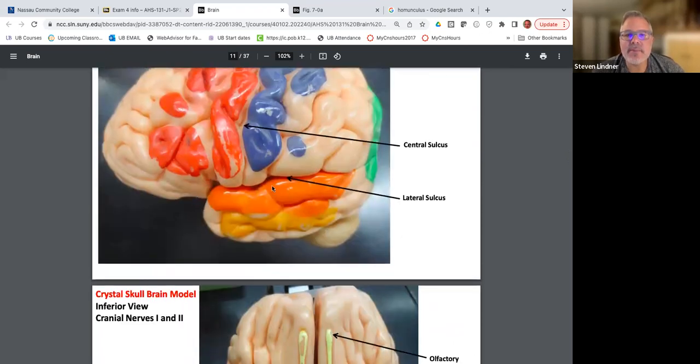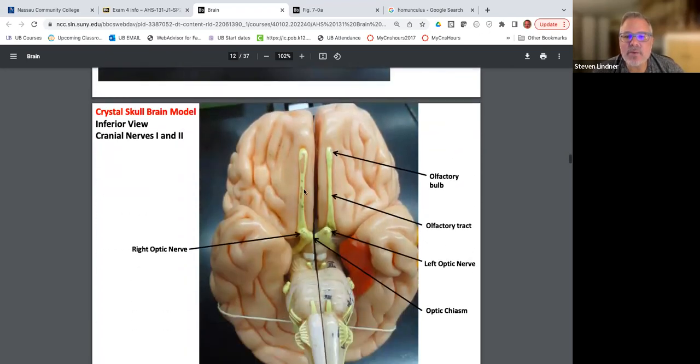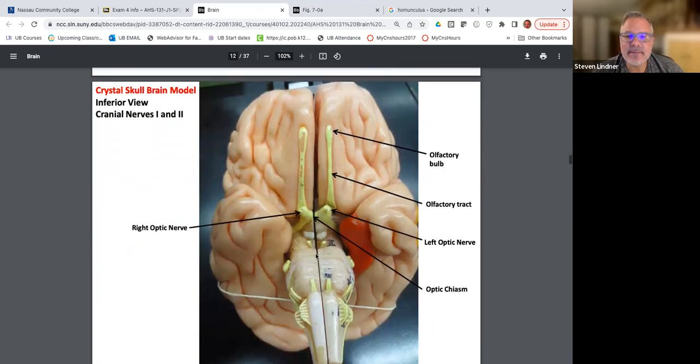Now, if we take the brain and we turn it upside down, we're looking at it underneath. This long cranial nerve right here is cranial nerve number 1, which is called the olfactory nerve. Okay.